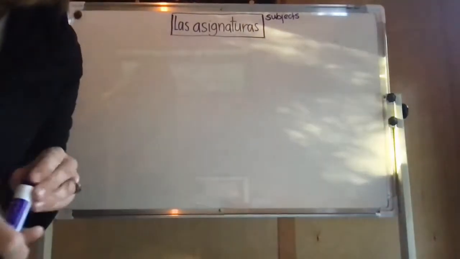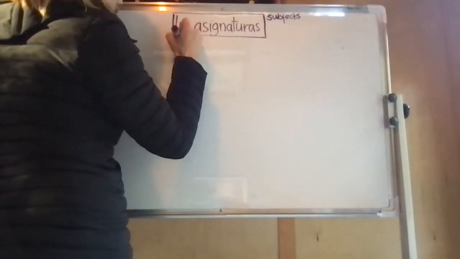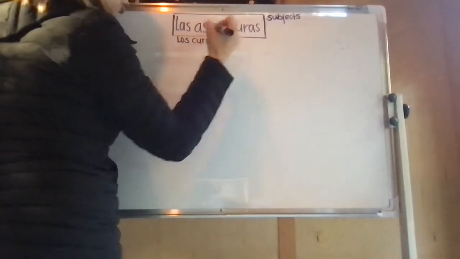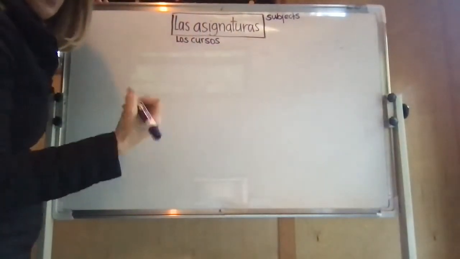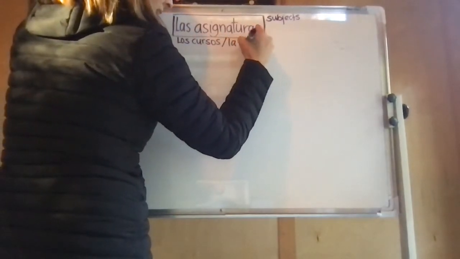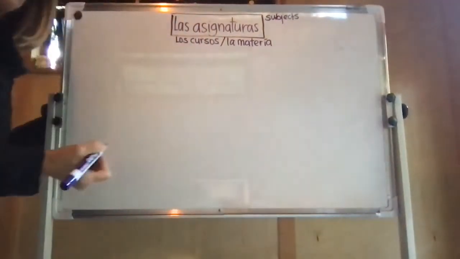So under las asignaturas, we're going to have los cursos, the courses. And another way of saying that is la materia. La materia is another word for the course or the class, okay?